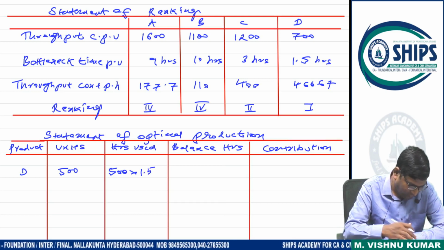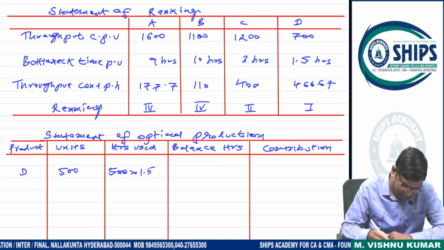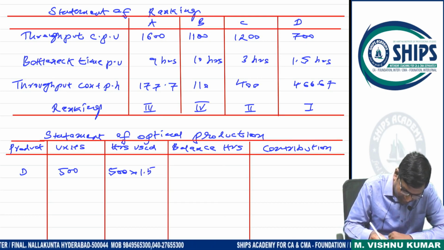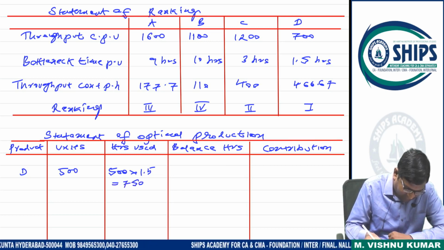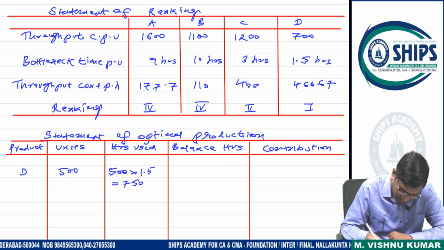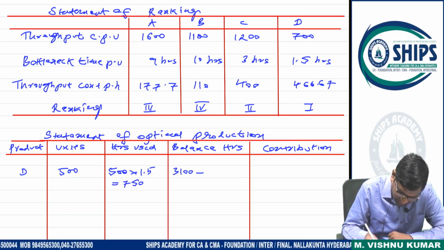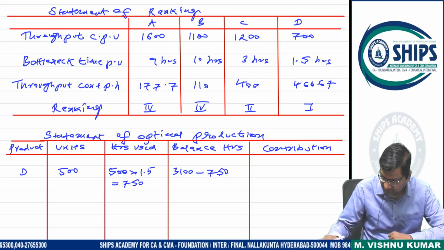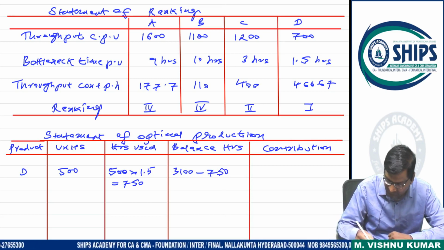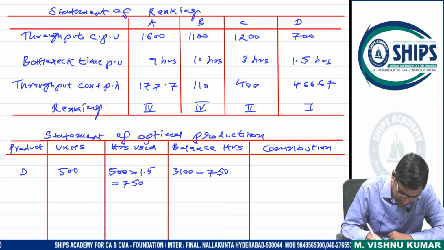So the bottleneck is machine 2 now. According to that, 500 into 1.75 means how many hours will be utilized? 750. So balance hours available: 3100 minus 750, 2350.